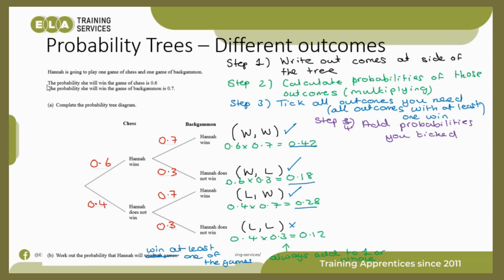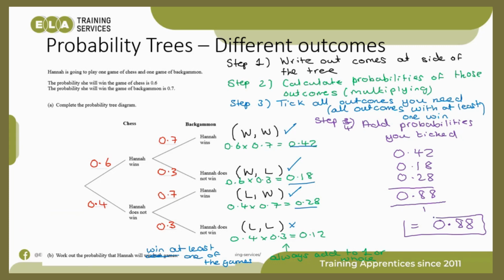So here we're going to do 0.42, 0.18 and 0.28. 8 and 8 is 16, 8, 4, 2, 6, 8. And our probability that she will win at least one of the games is 0.88. Now, if you added that to the remaining probability that's left, so 0.12 and 0.88, is then 1. So you know that you have done those steps correctly.